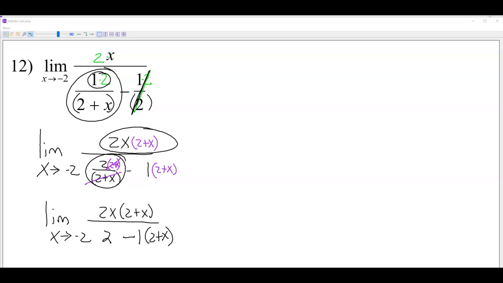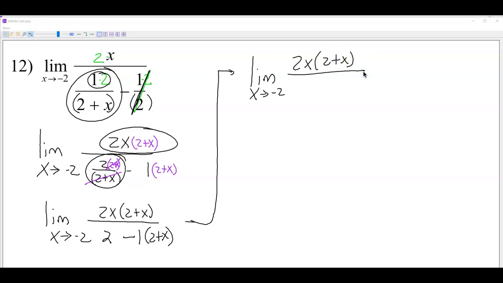I think we'll go ahead and simplify this a little bit. Let's see what we got here. We have the limit as x approaches negative 2. On the top, I'm just going to leave those apart. I wouldn't multiply those things together. I would just leave them apart like that. But on the bottom, we're going to combine these together. I'm going to distribute this negative 1 in here. And that's going to give me 2 minus x.